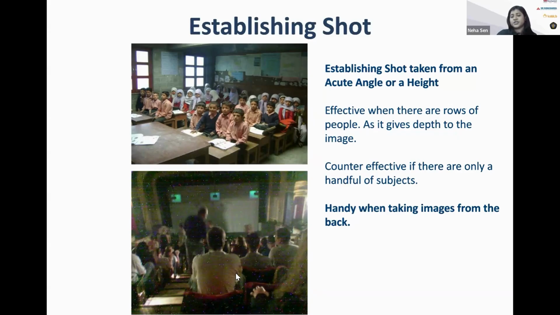What the photographer should have done is stand up, hold the camera and tilt it in a way where from this row till the very last row, all of the rows were captured. They've missed a trick here. They've made a mistake here. If only they had done that, they would have gotten a much more effective and evocative image of, oh my God, this cinema hall is packed to the brim, or this theater is packed to the brim.